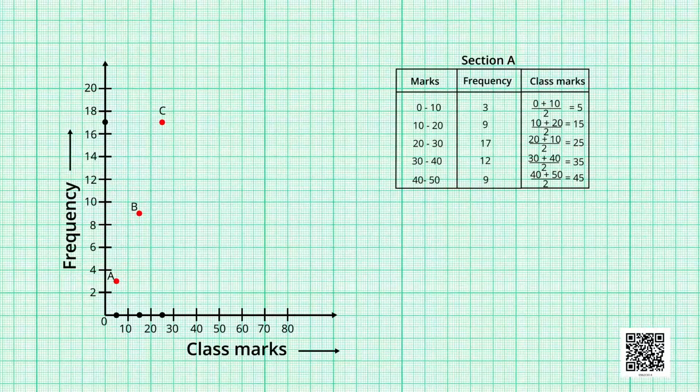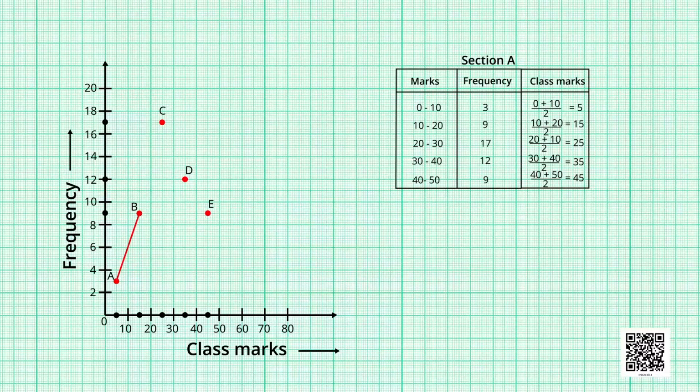The next point is 35, 12. 35, here it is between 30 and 40, and 12 on y-axis, here this point. So the point D gives us 35 and 12. What is the next point? Next point we have to plot as 45, 9. So 45 on x-axis and 9 on y-axis. So this gives us the point E, 45, 9.